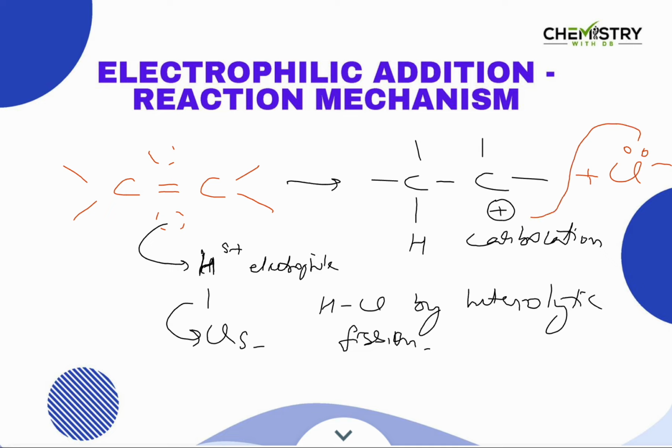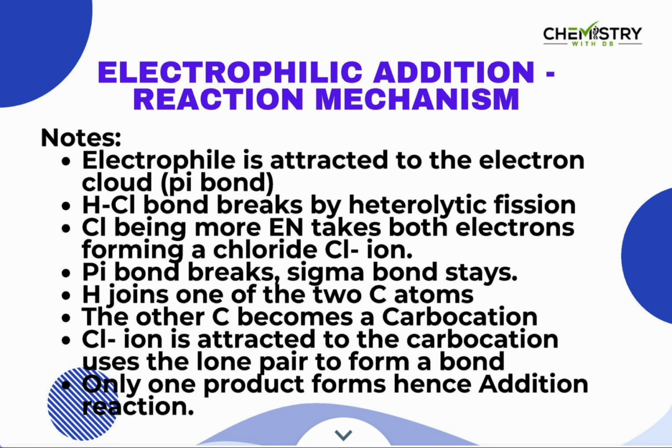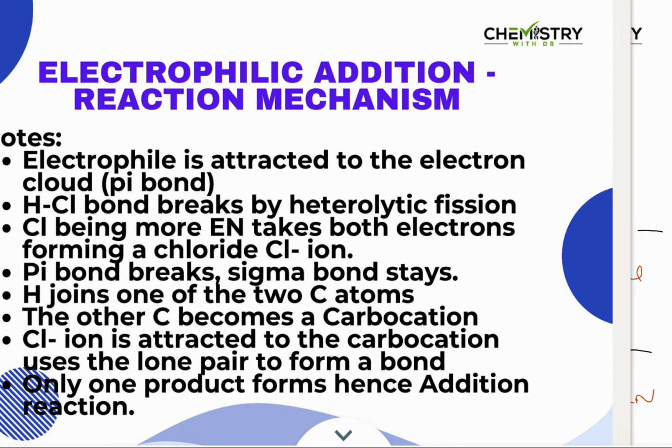So they are both attracted to each other by electrostatic attraction, and as a result you get hydrogen here and the chlorine, or you have got chloroethane from ethene. So this is how any general reaction mechanism of an electrophilic addition takes place. These are the notes which I have given here, so you can read these.